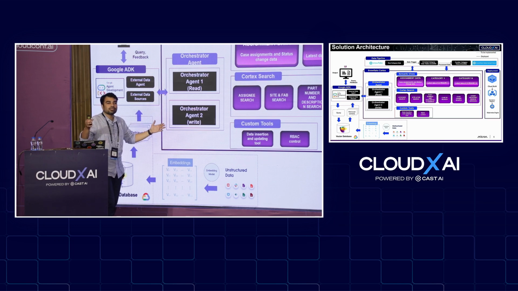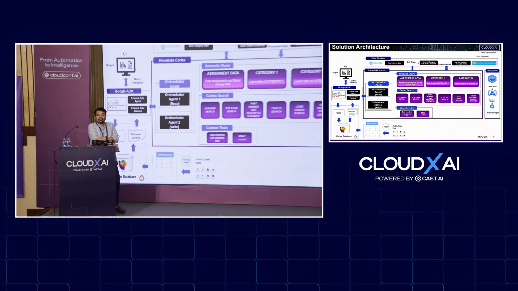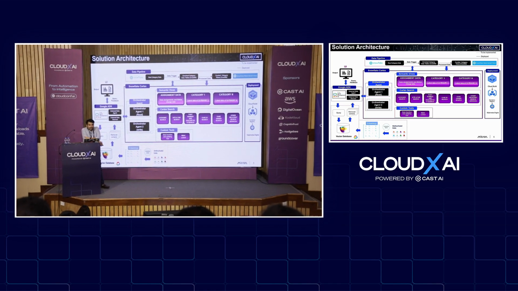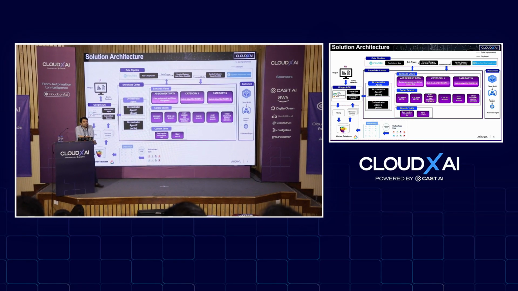There are almost 15, 20 or more categories where different types of information are being stored, and each is relevant for a different set of people. It's not like all the information is used by only one person or one set of people. It's not like that. So you create semantic views. Cortex has a functionality called semantic views. What you do over there is create a config file, which is nothing but a YAML file, where you describe your data in plain English language.